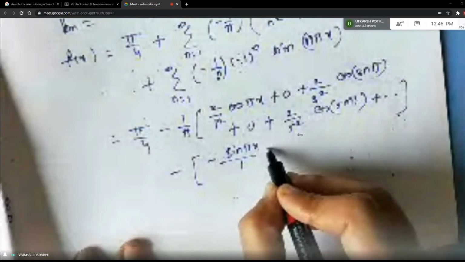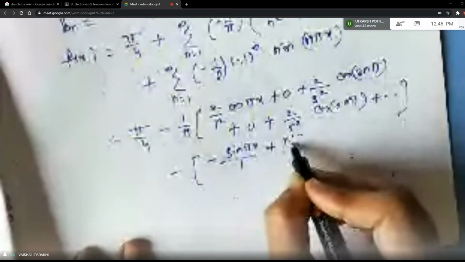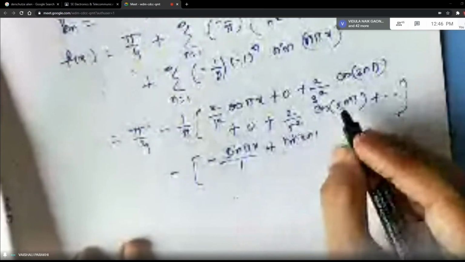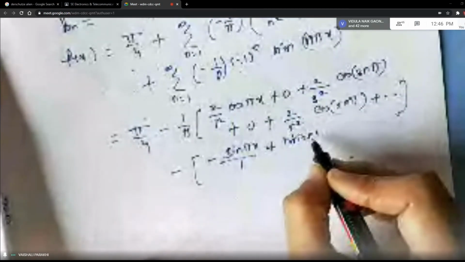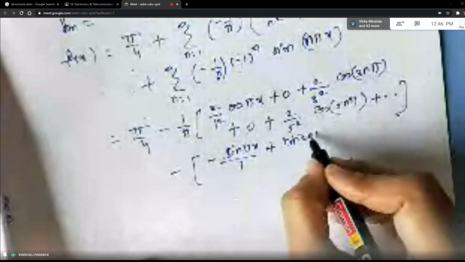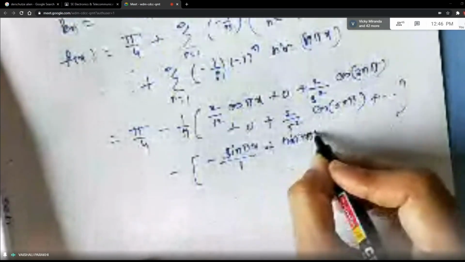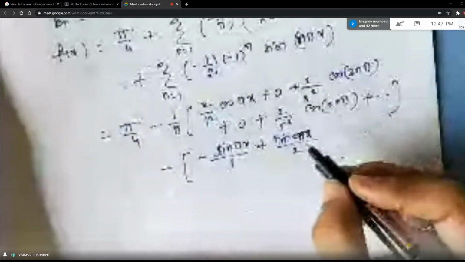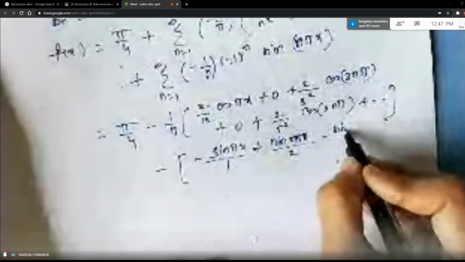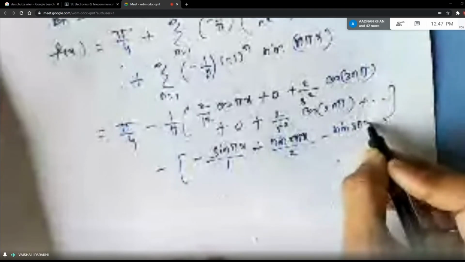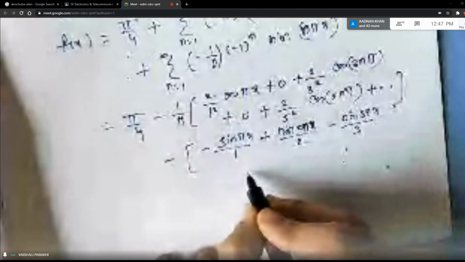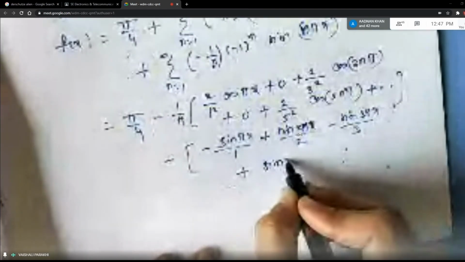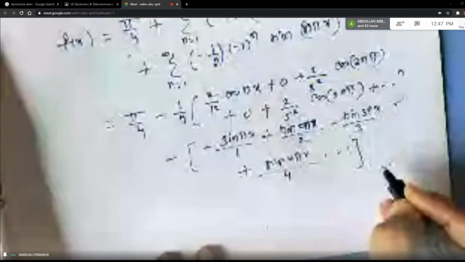So it is plus sine of 2 pi x by 2. Then for 3 it will be minus, so sine of 3 pi x by 3. Then for 4 it will be plus, sine of 4 pi x by 4, and so on.